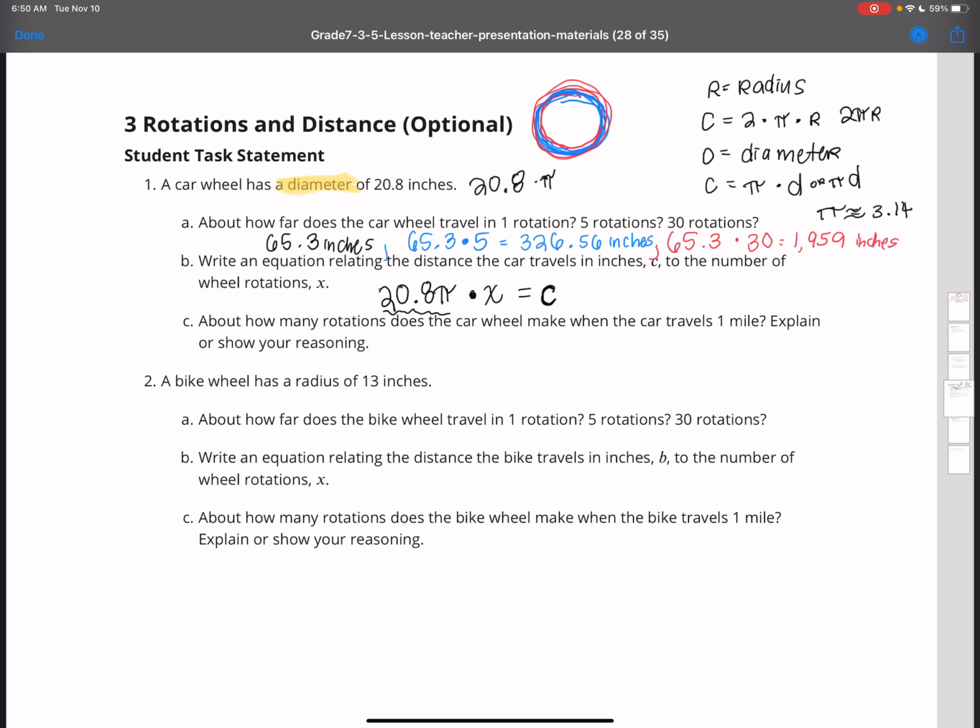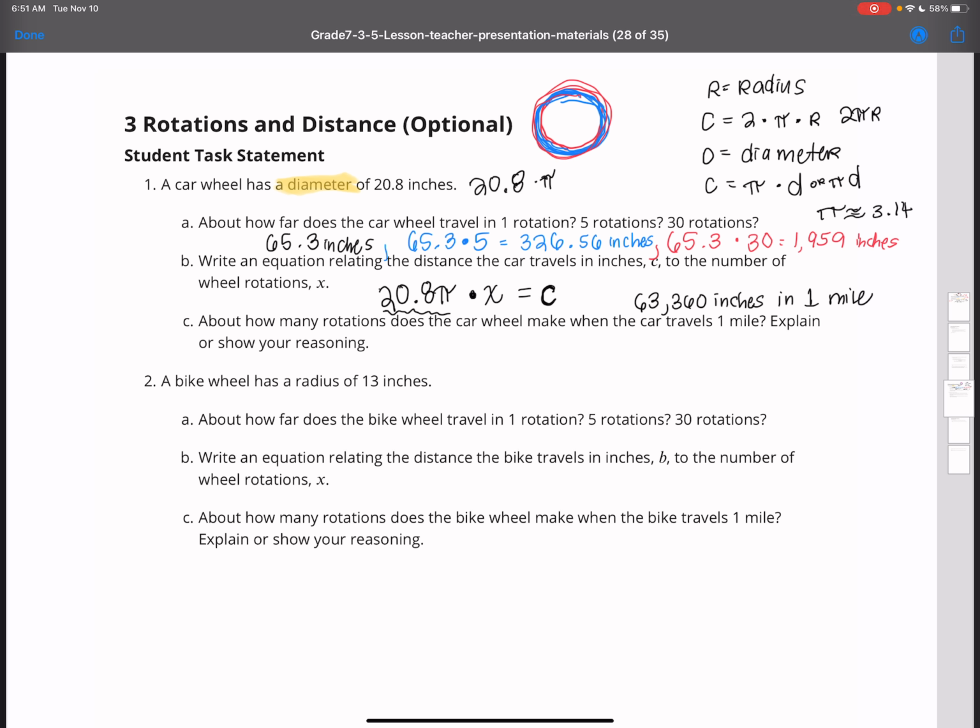Hold on just a second, I want to make sure my number is right. There are, it's pretty big, 63,360 inches in 1 mile. Wow.